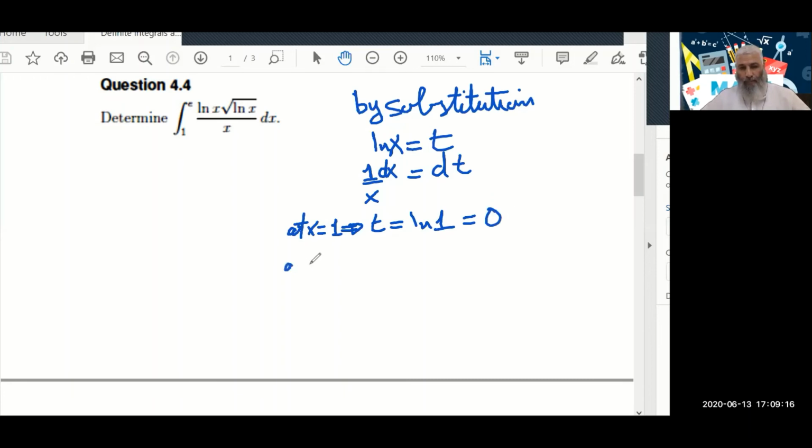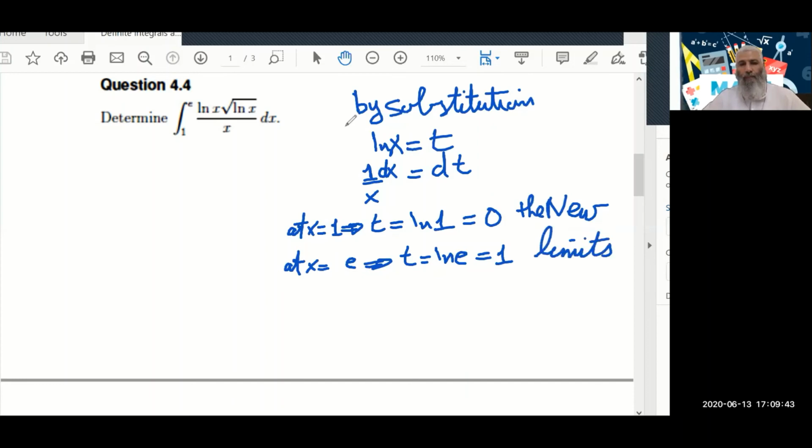And at x equals e, t equals ln e, which is 1. So these are the new limits. Okay? Yes. Fine.